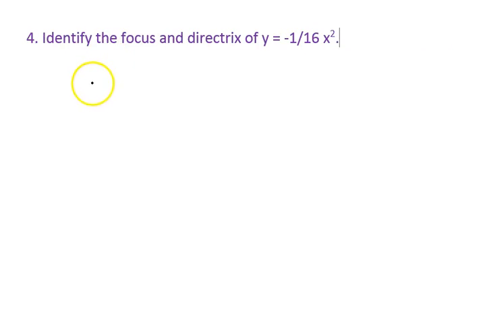Okay, for our fourth example, we're going to kind of work backwards from what we just did a minute ago. We are now going to identify the focus and the directrix given the equation. So again, I'm going to start with that absolute value of A equals 1 over 4C formula. And our A in this case is -1/16.